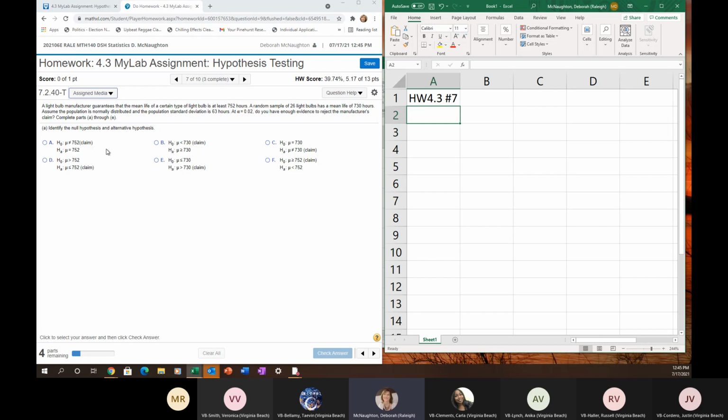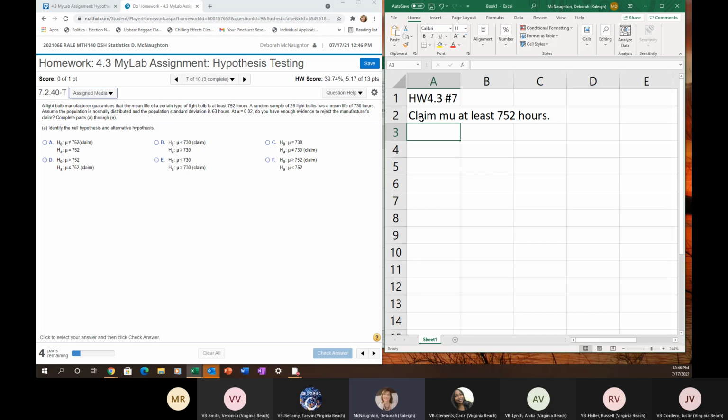All right, so when we look at this problem, it says a light bulb manufacturer guarantees the mean life of a certain type of light bulb is at least 752 hours. So I'm just going to type some notes in here. So the claim is that the mean, which is mu, is at least 752. Okay, and then it says a random sample of 26 light bulbs.